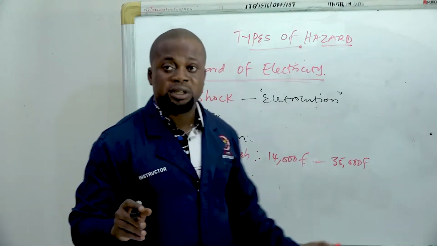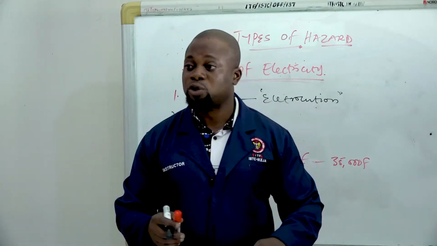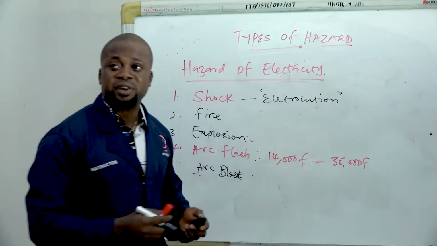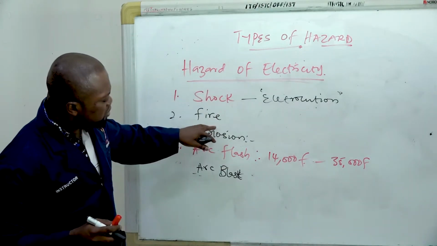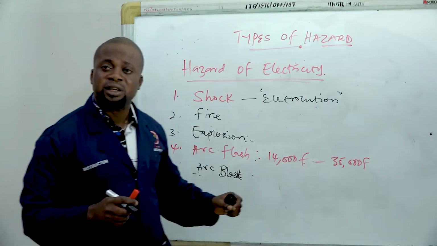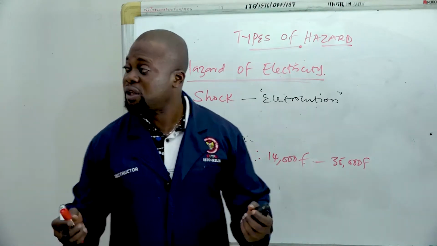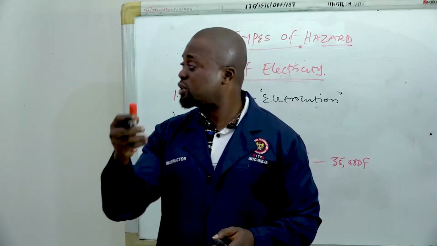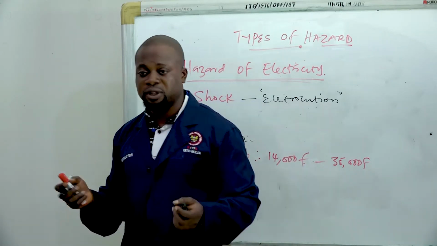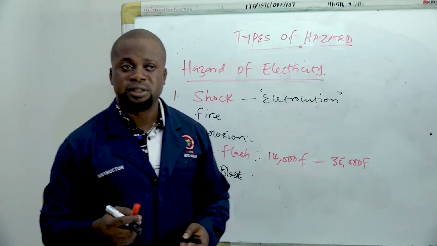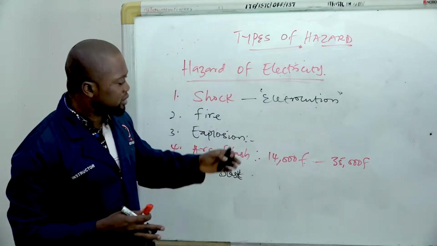So we need to be very, very careful. And of course, what are the resultant effects of this if you come across it? We're going to see in the course of these lessons those effects on human beings.